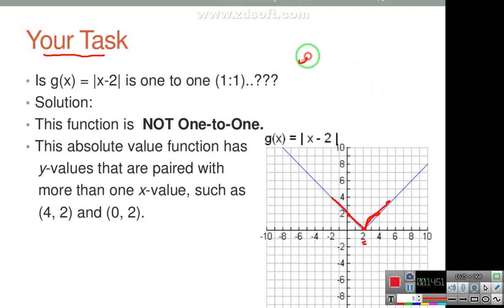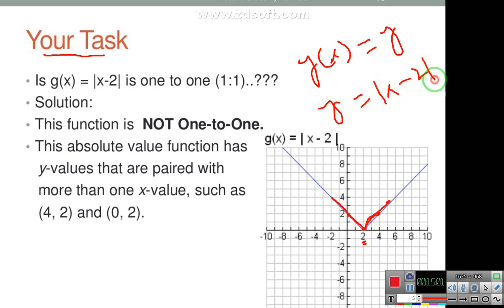so if g of x is equal to y, I'm telling you that y is equal to the absolute value of x minus 2. So if you put a value for x, say x is equal to 4, your y will be 4 minus 2 in absolute sign, your result is 2.